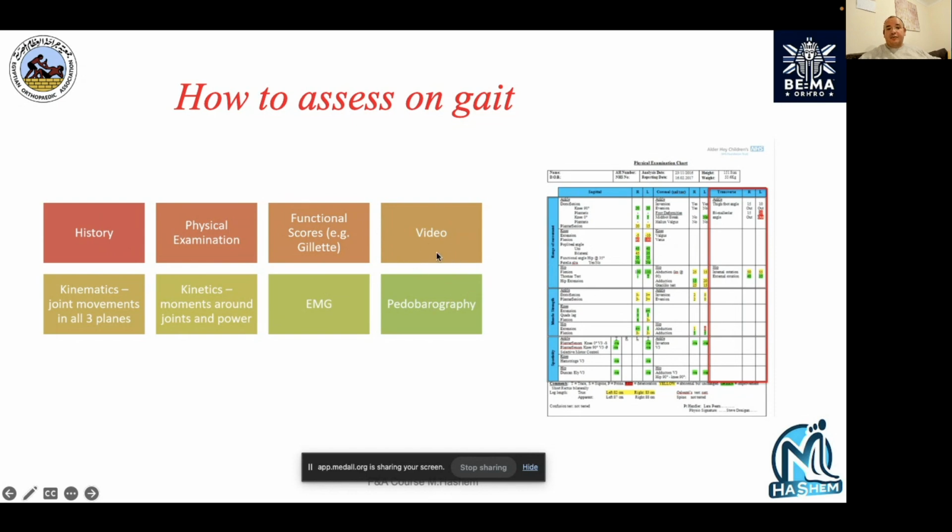Then you go to the gait lab where you video the patient, put sensors over the muscle to see the kinematics or the movement, over the joint to see the kinematics, and over the muscle to see the kinetics. Do EMG of the muscle to see the electric changes inside the muscle, and end by barography where you test the pressure points of the foot.